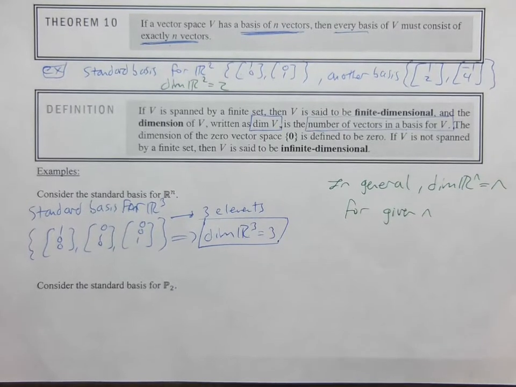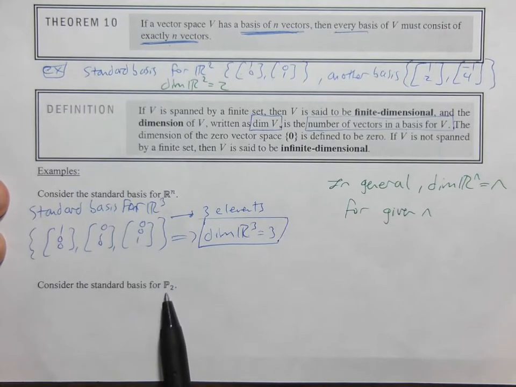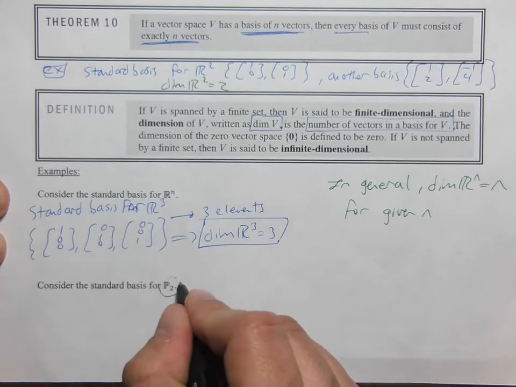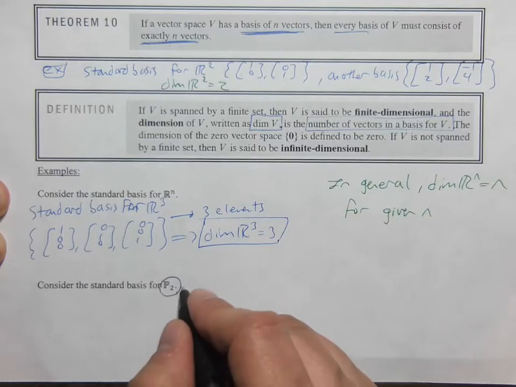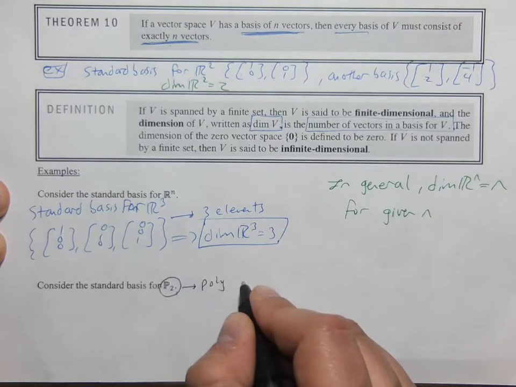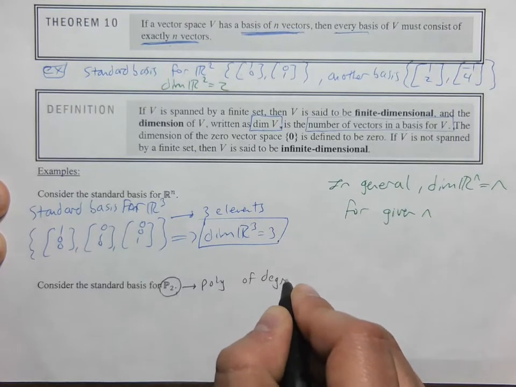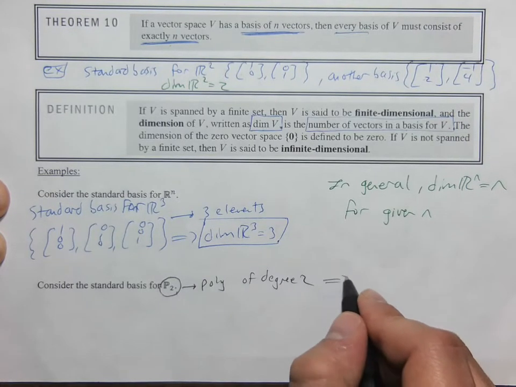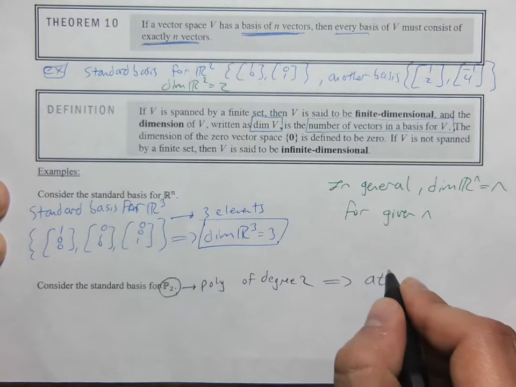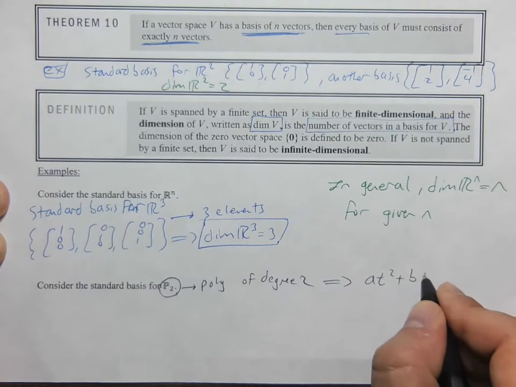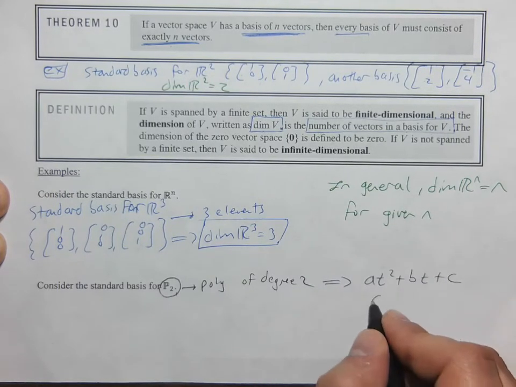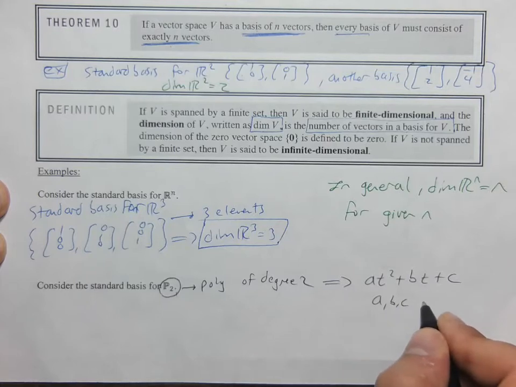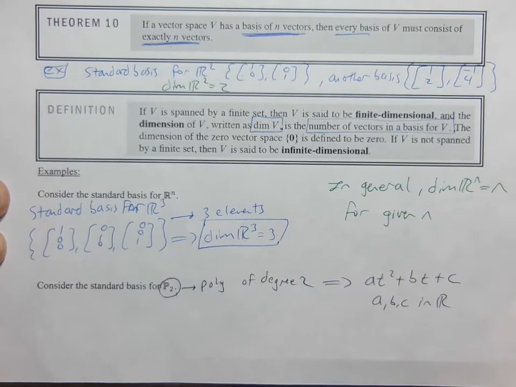And so let's look at an abstract vector space in this case. So let's look at P2, and I'll remind you, P2 means polynomials of degree 2. And so a general second degree polynomial would look like at squared plus bt plus c, where a, b, and c are constants.